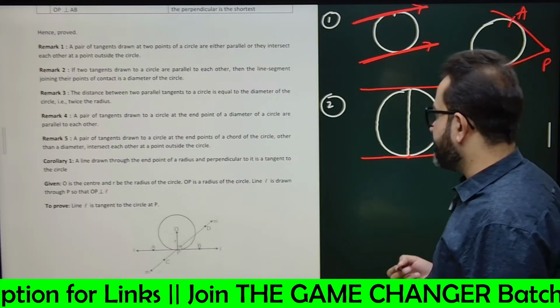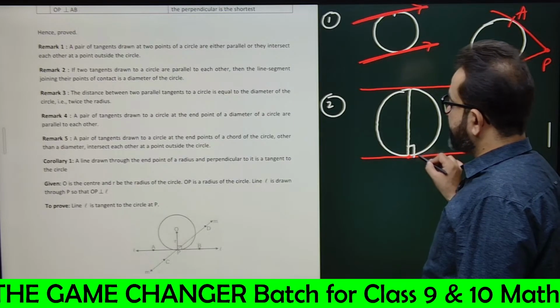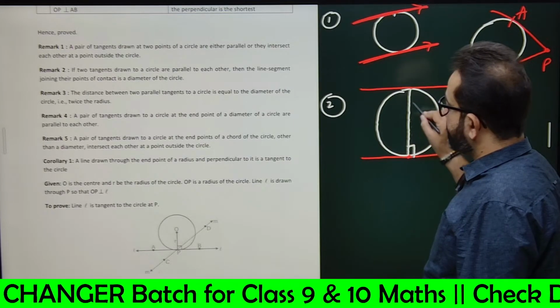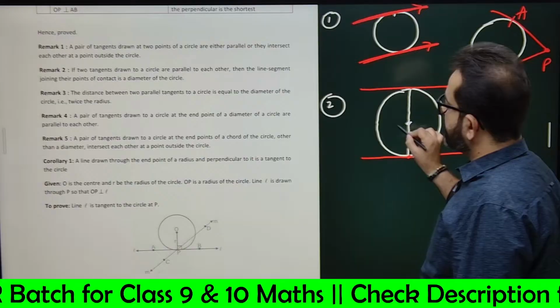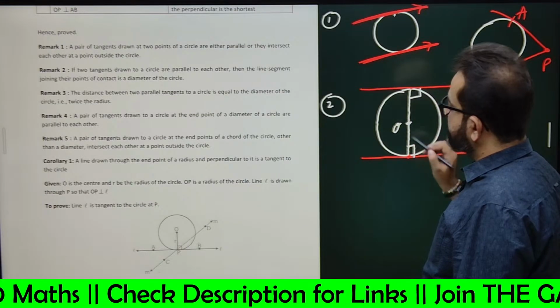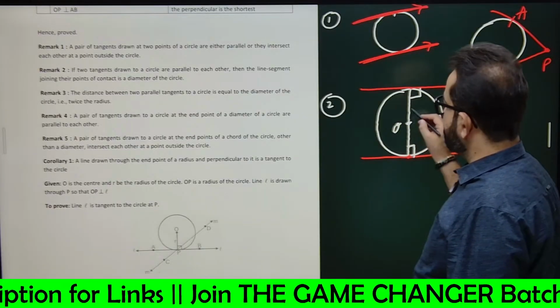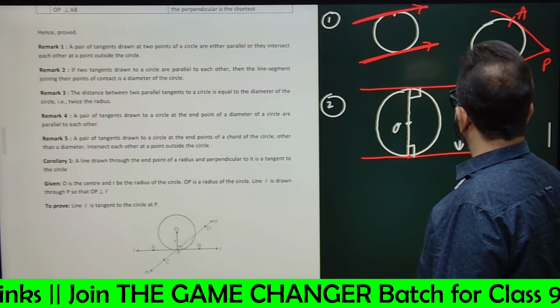Why? This angle is 90 degrees. If this angle is 90 degrees, this line will pass through the center O. If this angle is also 90 degrees, this line will pass through center O. So this is a straight line and the distance will be the diameter.